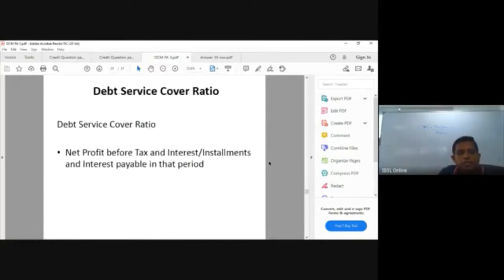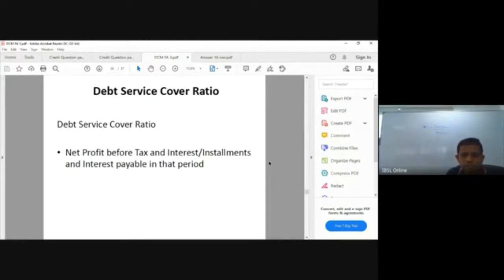Next ratio is the debt service cover ratio, a very famous ratio. Normally we take net profit before tax and interest, divided by the total installment figure, that is the interest payable in that period plus the capital.